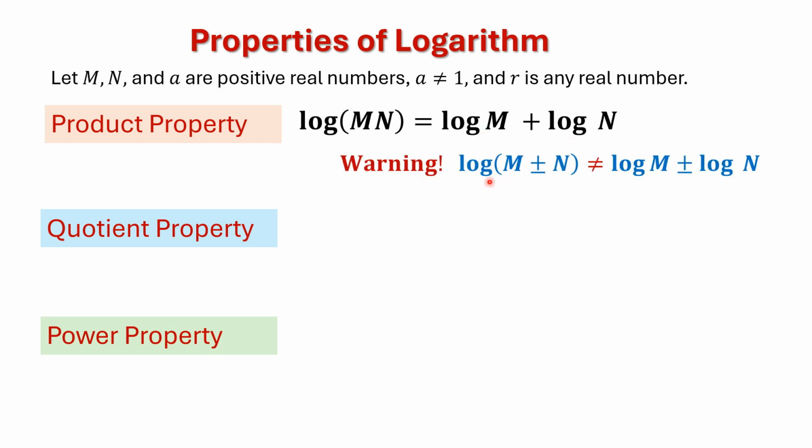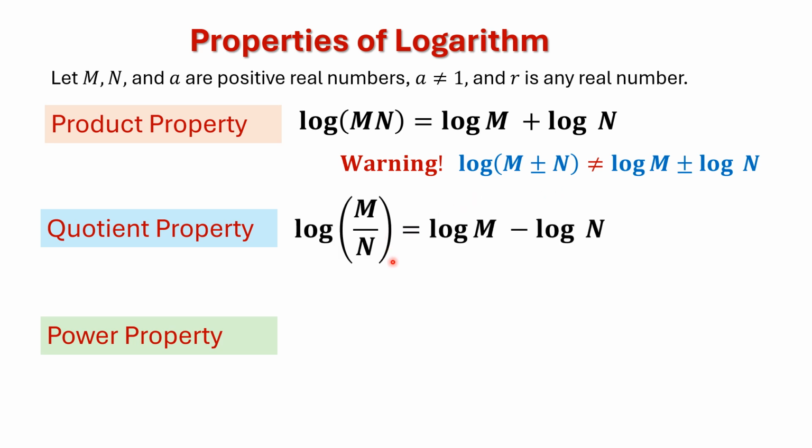Warning, there is no log of the sum or difference. What we only have is log of the product, log of the quotient, and a power property. So it means log of m plus n or m minus n cannot be equal to log m plus or minus log n. You cannot distribute this logarithm.